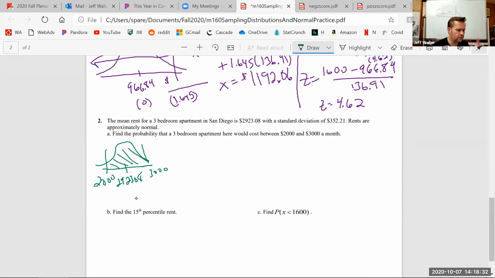So just like that first problem, I have to make a z-score for both. So has anybody done that yet? 2000 minus 2923 divided by the standard deviation. That's my z-score formula, right? Don't forget your parentheses.